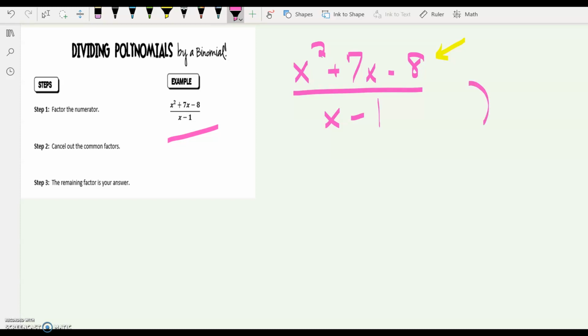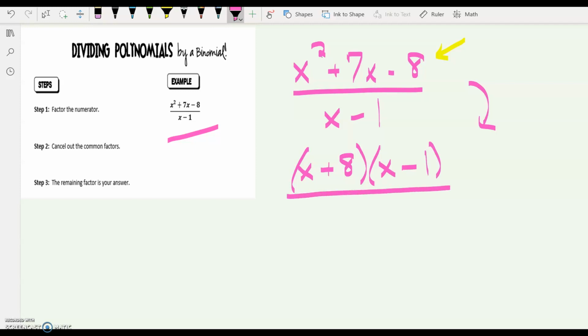The numerator should factor into x plus 8, x minus 1. And then we just re-drop down our denominator. Okay.